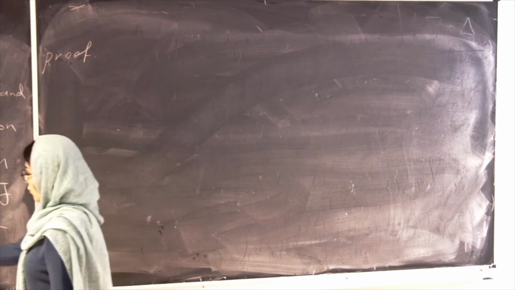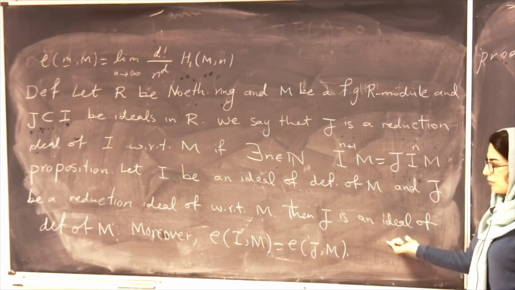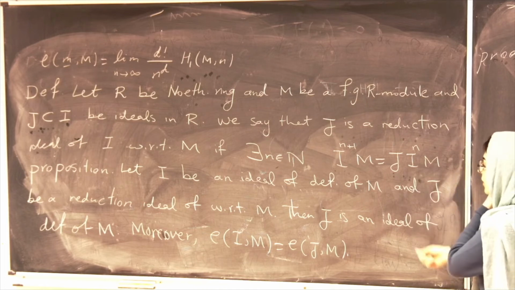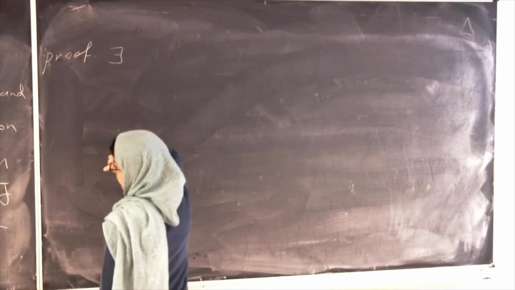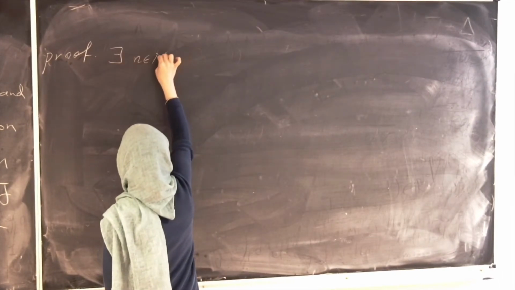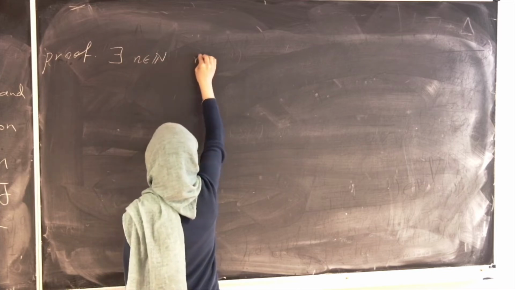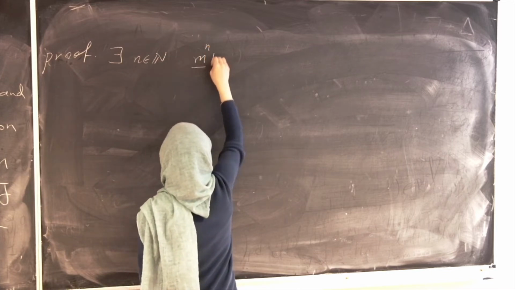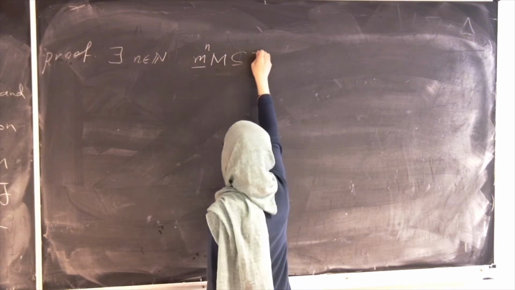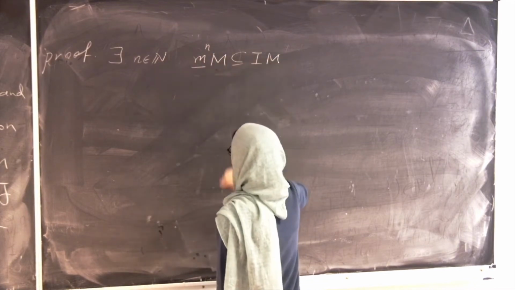Okay, first we want to show that J is also an ideal of definition of M. So we use our assumption that I is an ideal of definition of M. This means that there exists some power n such that a power of the maximal ideal times M is contained in IM.